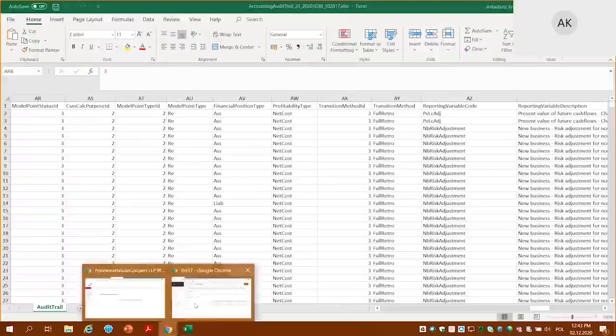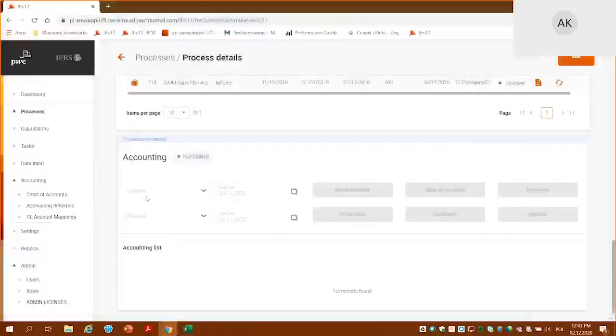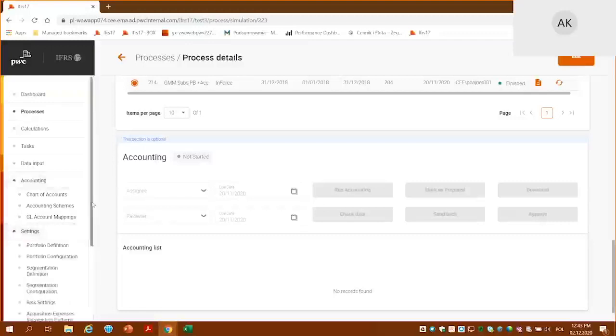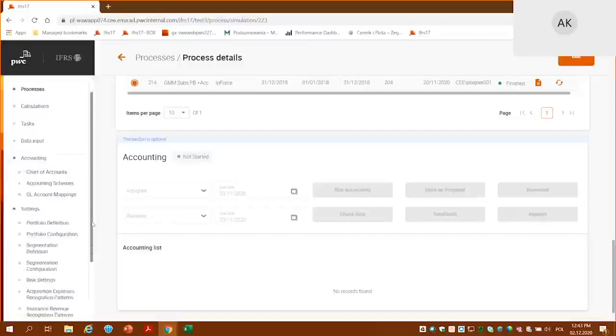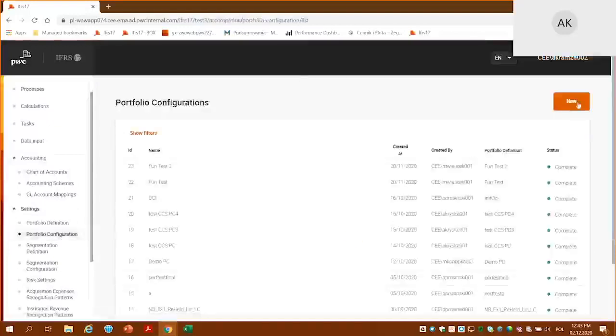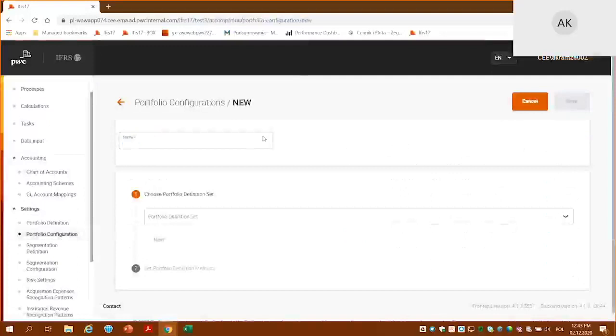The last point I would mention is the fact that, even though it is an in-the-box solution, so a ready off-the-shelf solution with no need to implement your own code, we have made an effort to make it as flexible so that we can accommodate all your accounting choices.